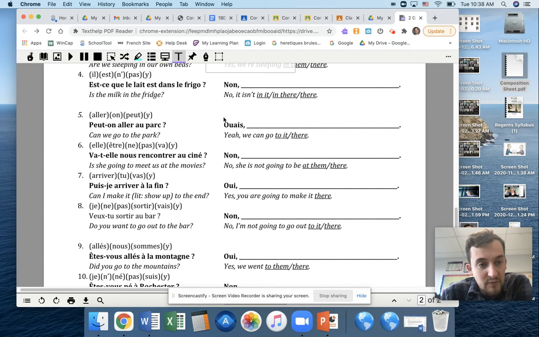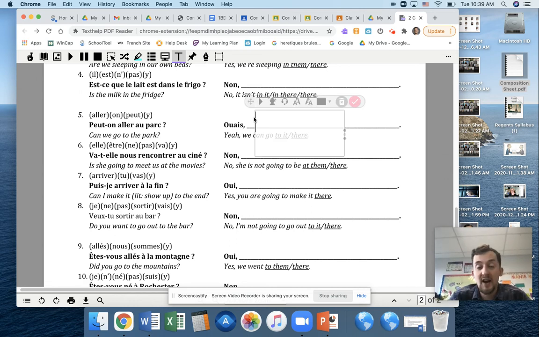Let's look at a modal verb. So the next one we have aller, on, peut, and y that we have to déchiffrer, put back in order. So you've got peut-on aller au parc? Can we go to the park? And we want to say, yeah, we can go to it, or we can go there. So the strategy that I would use for this one is write Y last. So I'm going to put on, and that one's obvious because it's my sentence starter.